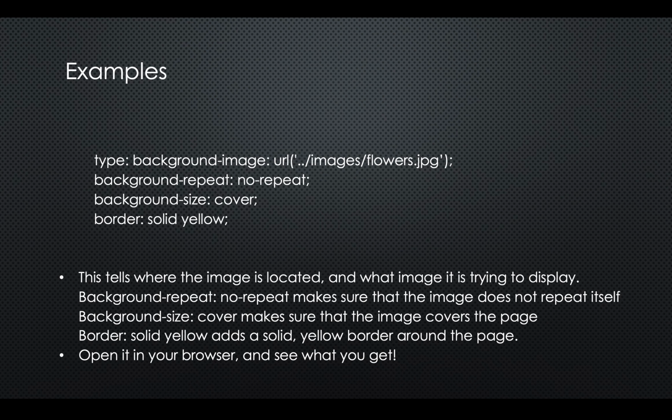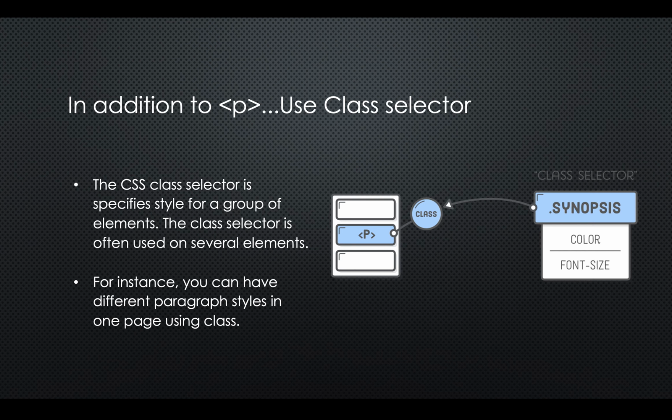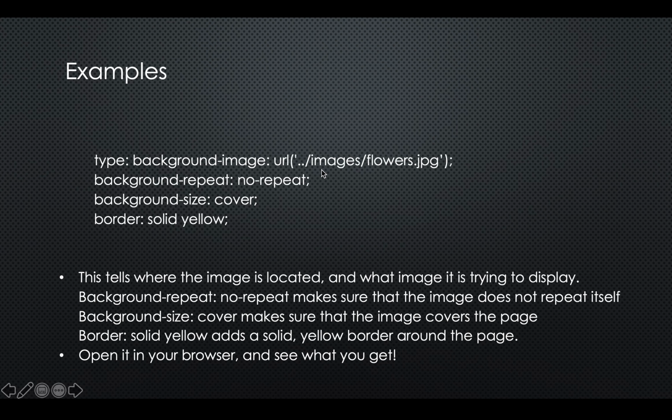Just some examples of what this might look like. As some websites will have a background image, this will look something sort of like that. So if you have an image that you want to use for your background, instead of using a basic color, you would tell it, okay, this is the folder that I want you to put it in.